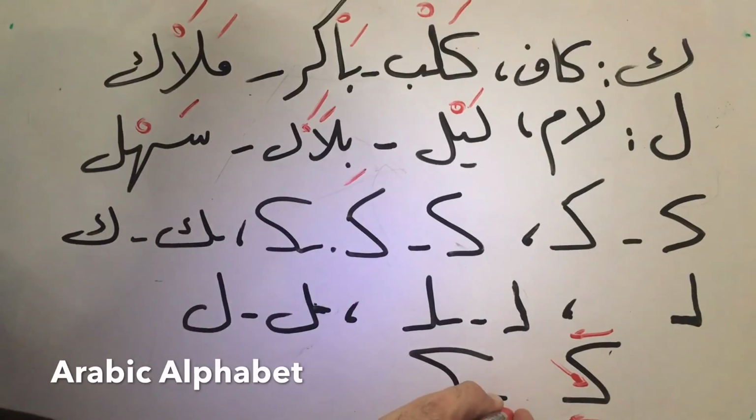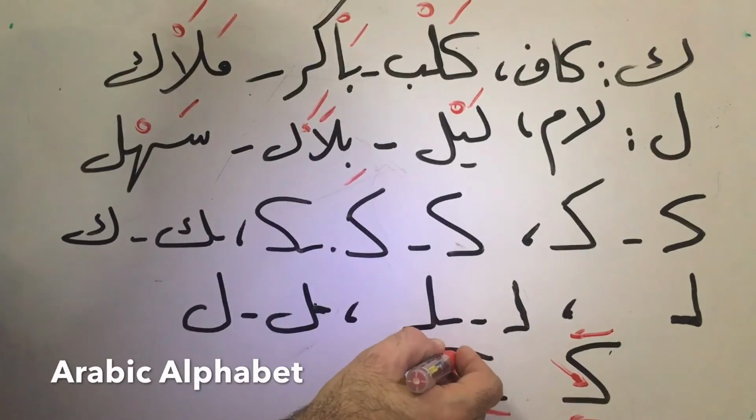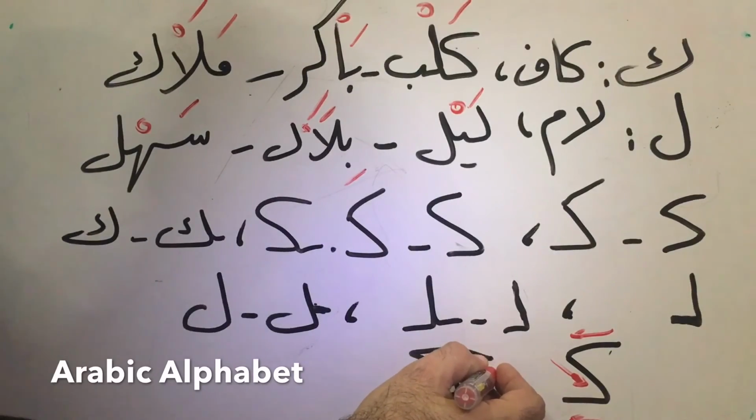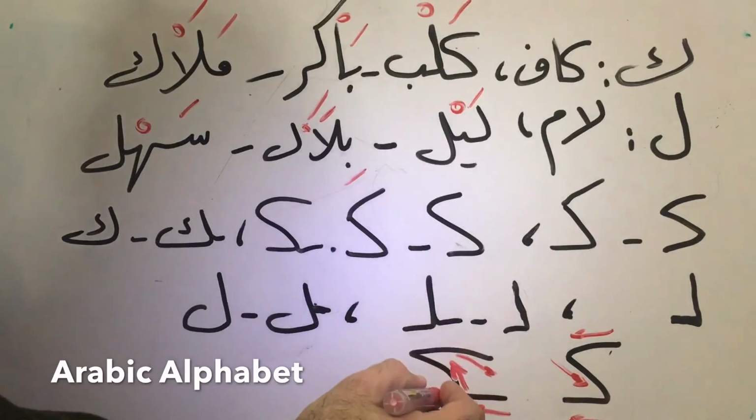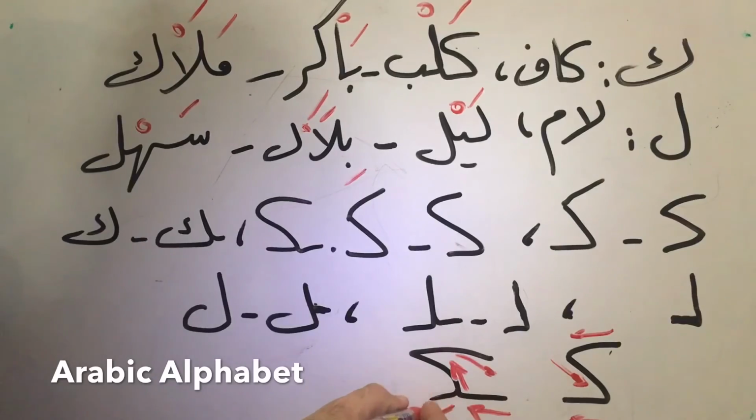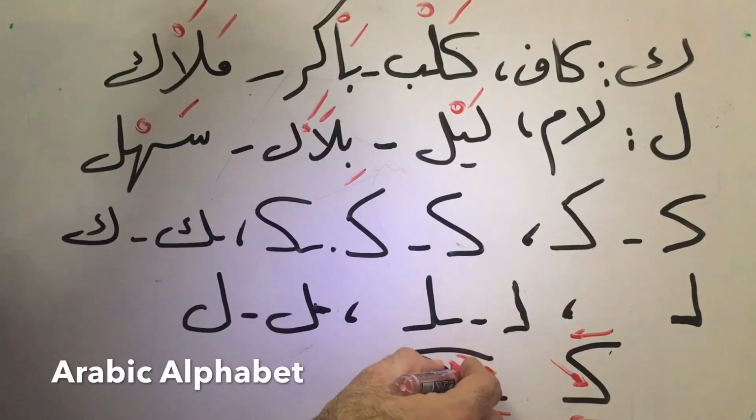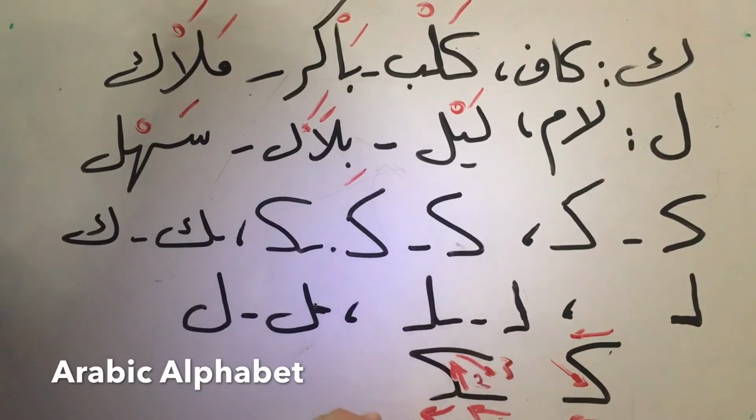So we start from here, then move this way, then we go back this way. So this is 1, 2, 3, and 4. This is the movement of the hand.